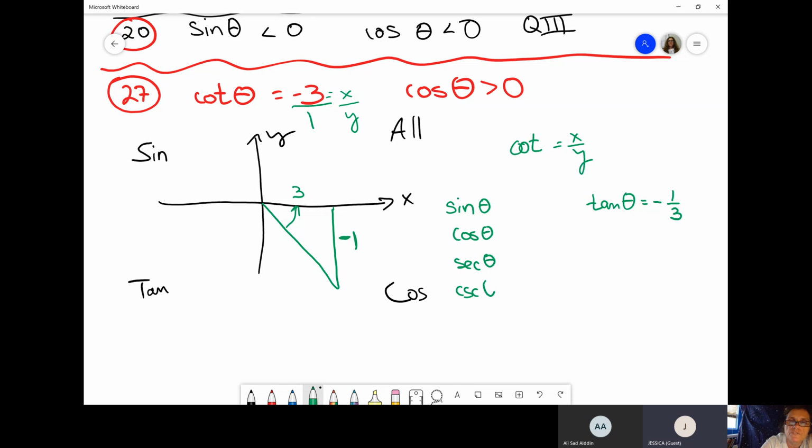So we need to use the Pythagorean theorem. r is the square root of 3 squared plus -1 squared. So that is 9 plus 1, and r is the square root of 10.